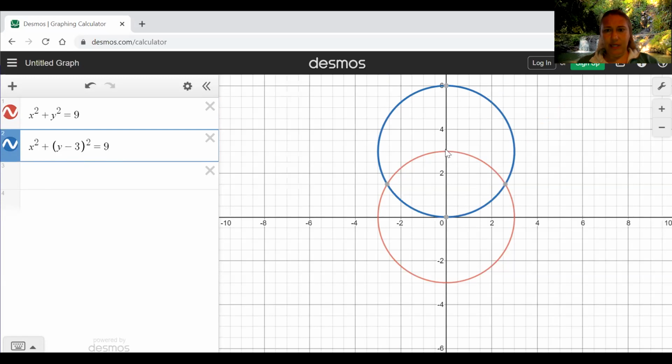Here's my new center right here. The minus 3 actually pulls it up, because instead of a center at 0, 0, the center is x equals 0 and y equals 3. Centered at 0, 3.